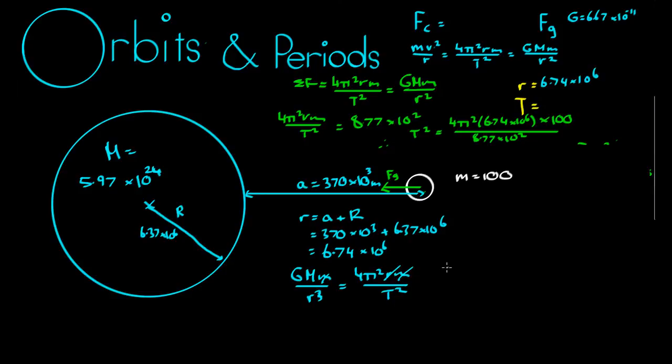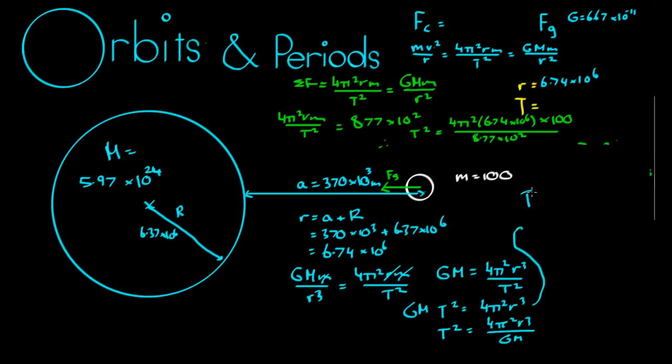So we have GM equals 4 pi squared r cubed on t squared. Now we multiply both sides by t squared, and then divide both sides by GM, so we get t squared by itself, equal to 4 pi squared r cubed on GM.